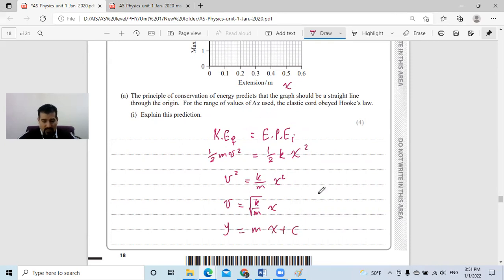So yes, it is a correct prediction, since it is linear. Since they are directly proportional.